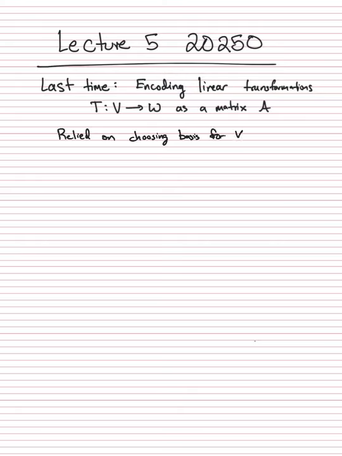For V and W, in the notation the way that we wrote it, I'll write AV to mean the same thing as T of V, and what you do is you write V in terms of a basis.